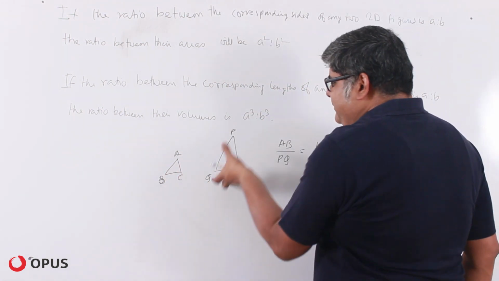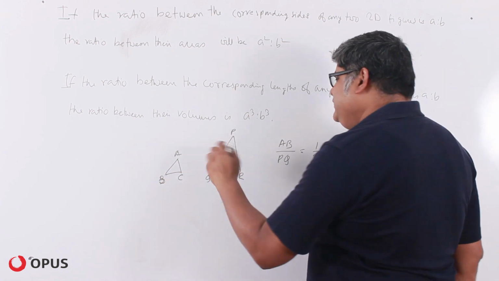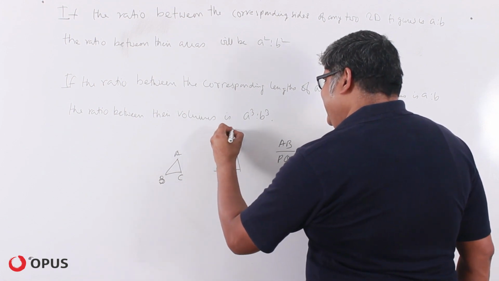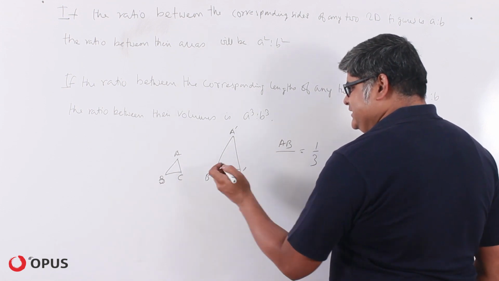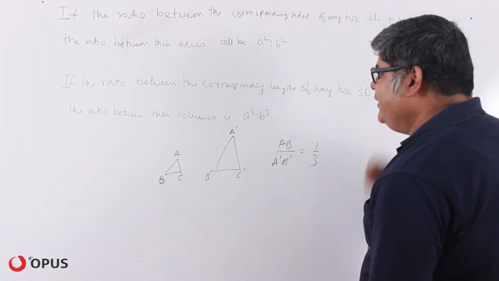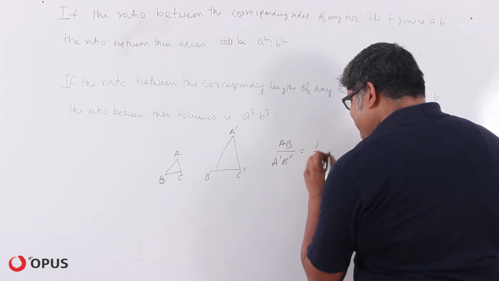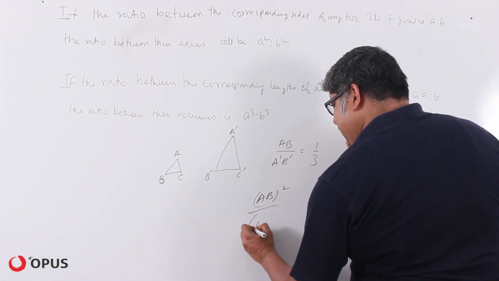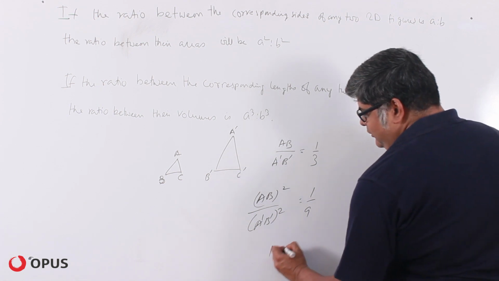This ABC has been magnified, so let's look at it as a magnified ABC, A dash, B dash, C dash. So we can say AB by A dash B dash is 1/3. What will be the ratio between the areas? That could be the question asked. The ratio between the areas is nothing but AB square by A dash B dash square, which is 1/9, or we can say 1:9.